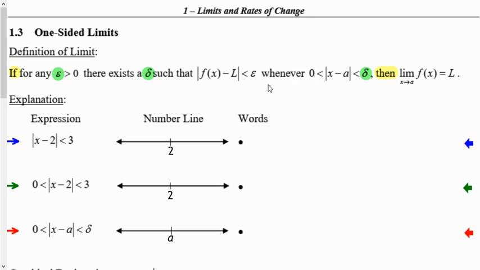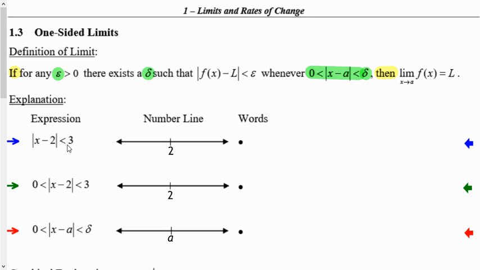Let's take a little bit of time as we look through these two examples, and then we'll come down to this statement. The 0 is less than the absolute value of x minus a, which is less than delta. So that's from this part of our definition. So these two examples hopefully will help us understand what in the world is being said by this green highlighted part.